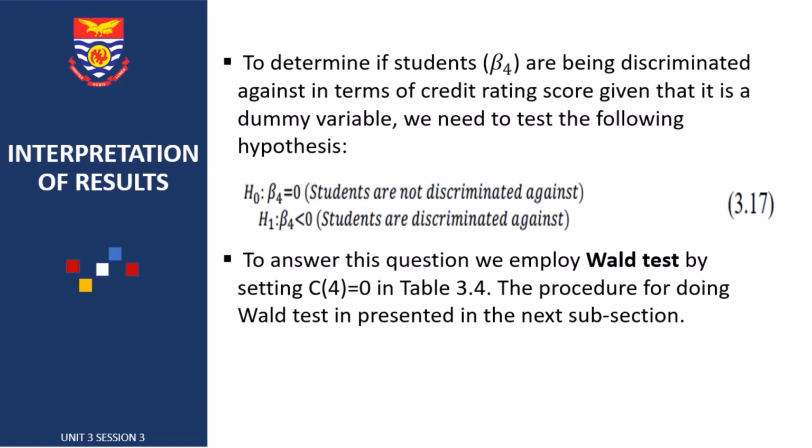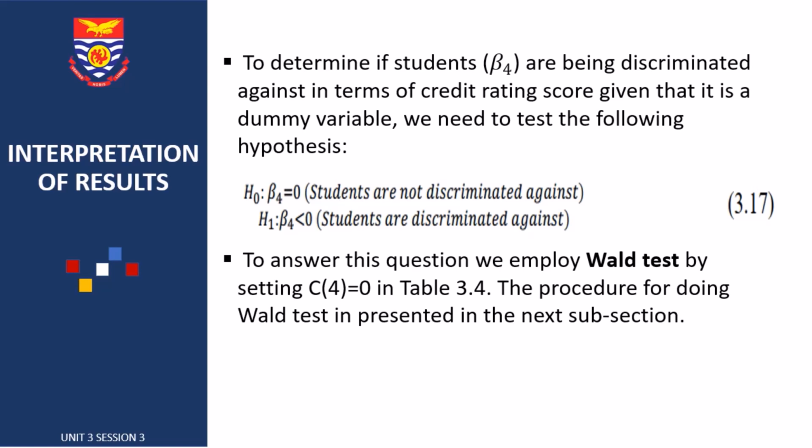In our model, we made it clear that 1 represents being a student and 0 represents not being a student. So our reference category is not being a student. Dummy variable parameters are always explained relative to the reference category.